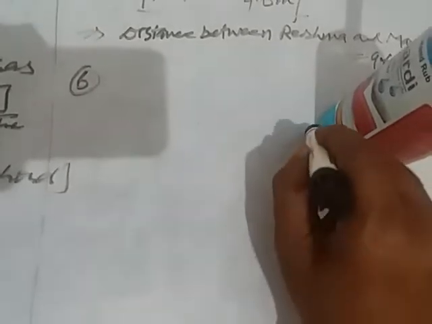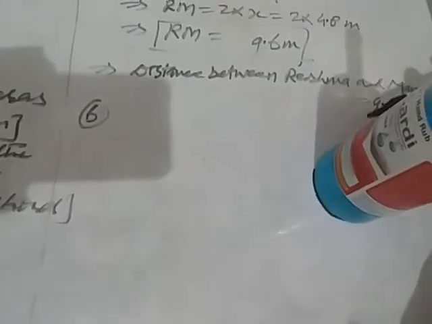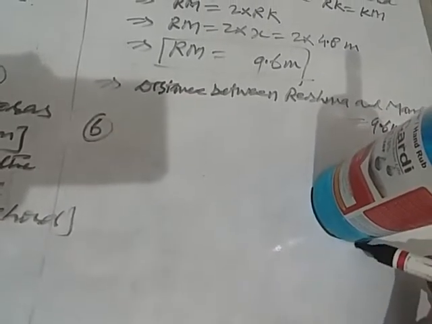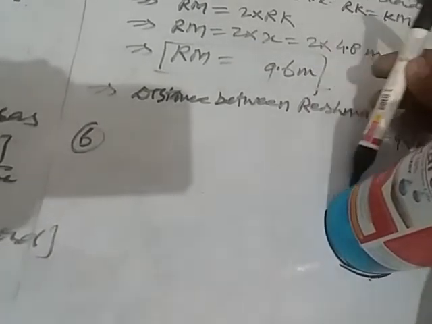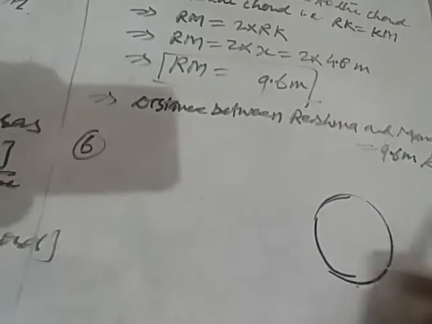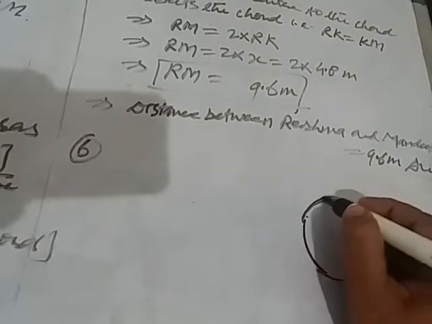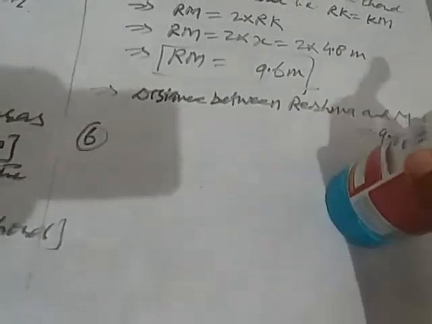Here again we will use the same notation, that is A for Ankur, S for Sayyid, and what else? Now see, this is your more or less a circle. Clear, children? Let us draw it once again.